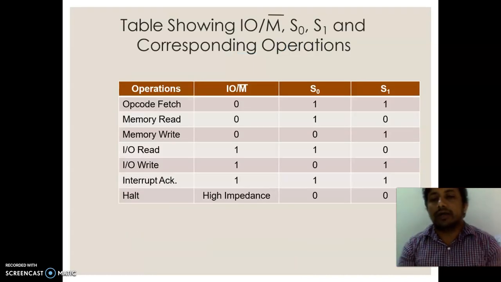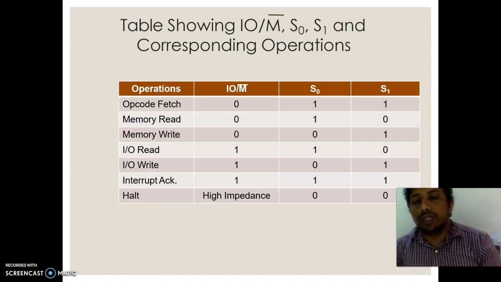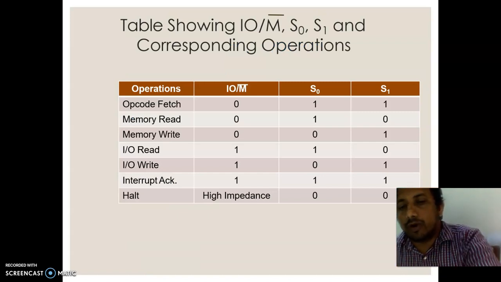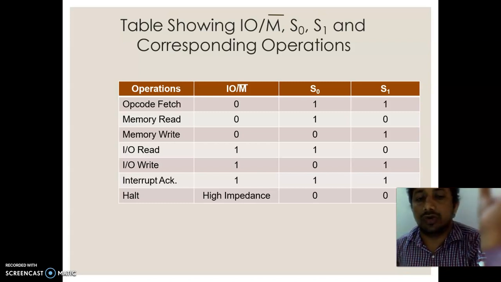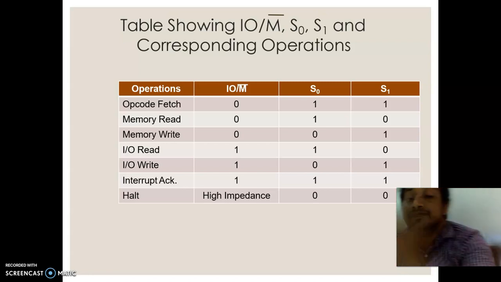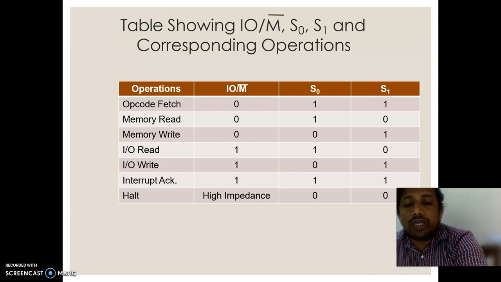And combining all these three, IO/M, S0 and S1, it would be this way. One is opcode fetch: if IO/M is 0, we are going to read the data from the memory. So 0 indicates memory and 1 indicates IO.